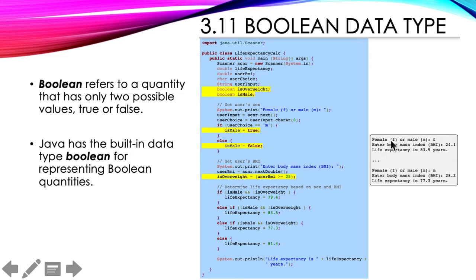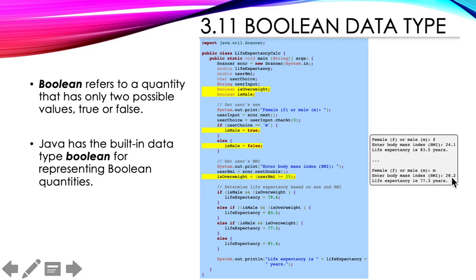Let's say they will ask the user female or male, so you enter female, and then next you enter the BMI 24.1, so the life expectancy is 83.5 here for a female BMI. So any of you girls within this range, you expect to be living 83 years. That's good. Not for a male here.